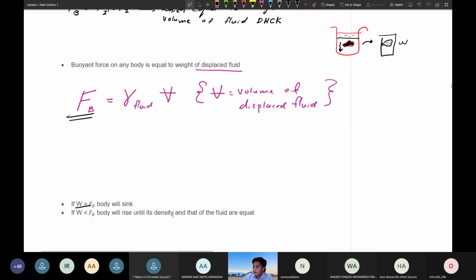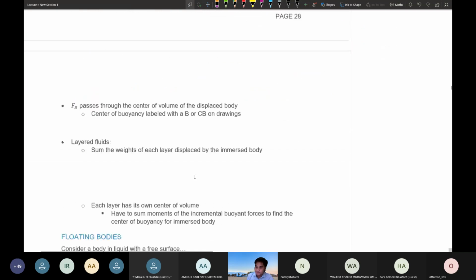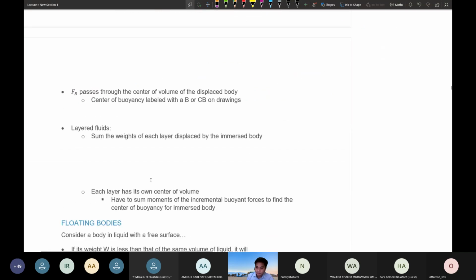So for example, you have the centroid, you will name it C or CB. That's it. Okay, this is very important. Layered fluid. For example, you have a cup of different fluids. Maybe this is oil, and this is H2O, water.